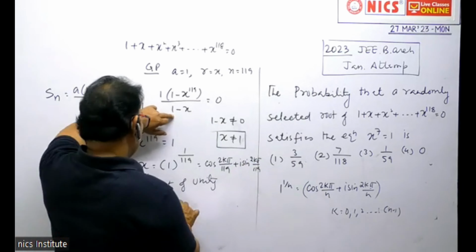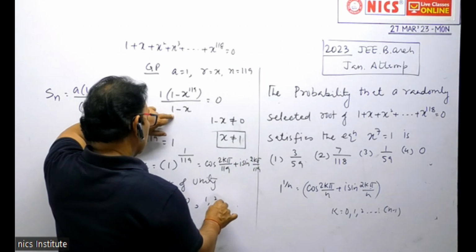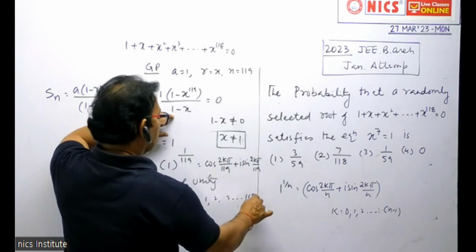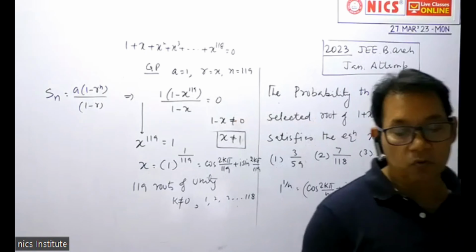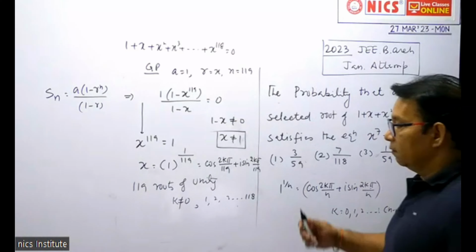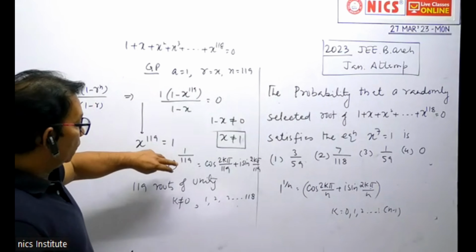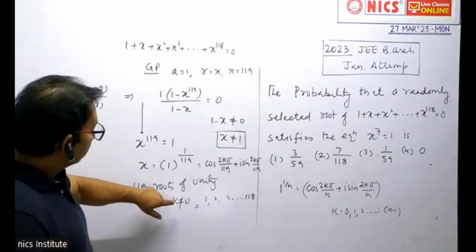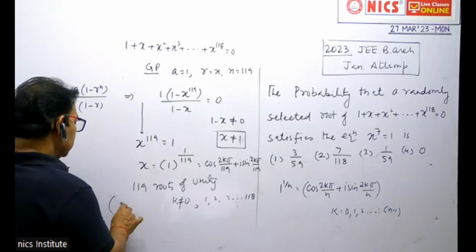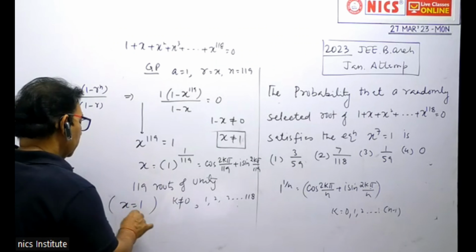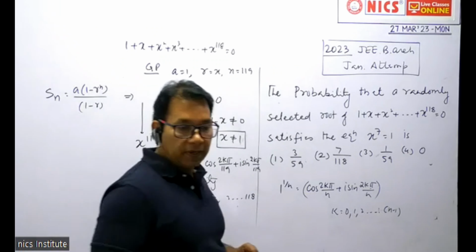That means the value of k cannot be 0. So the roots will start from 1, 2, 3 till 118. So this equation will give you 118 roots. Of course this is the 119th root of unity, but when k is 0, the root is 1. That will not be included. That means this particular root will not be counted. So the moment x is 1, it becomes non-defined.